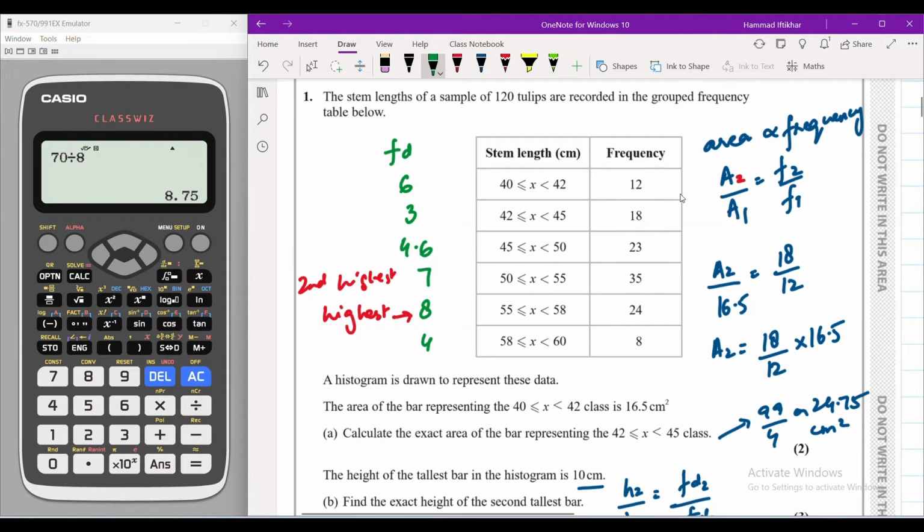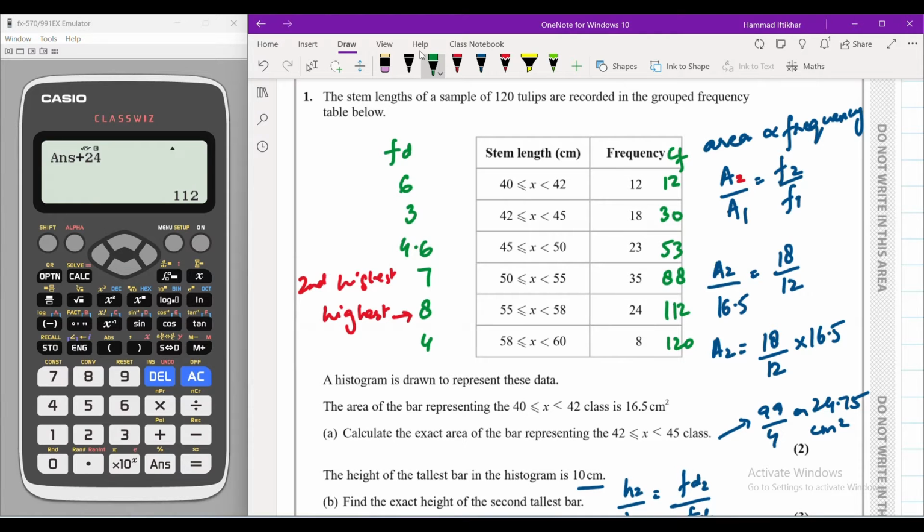This is 12, then 12 plus 18, 30, 30 plus 23, 53. This is the cumulative frequency. 53 plus 35, we end up with 88, plus 24, that is 112, and then 112 plus 8, 120.